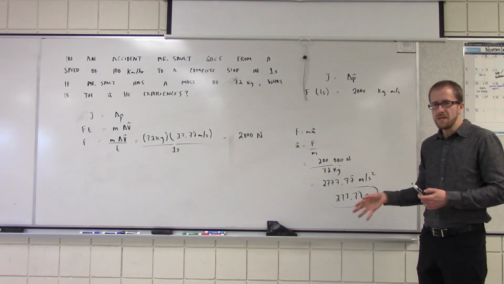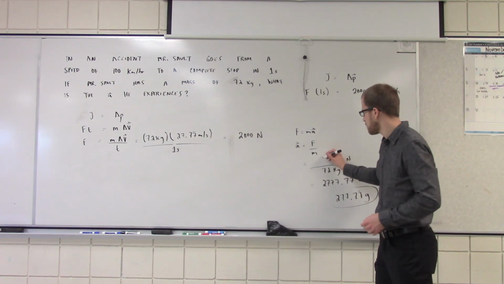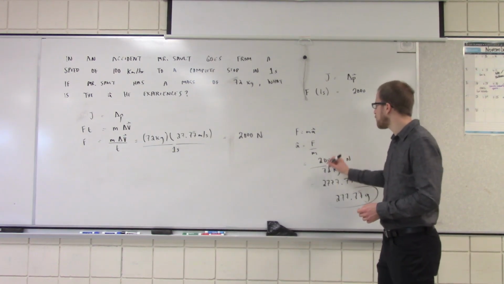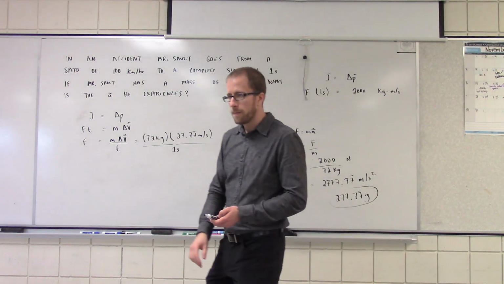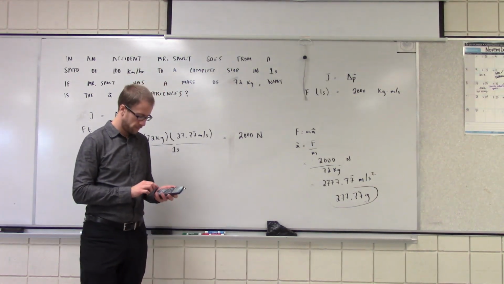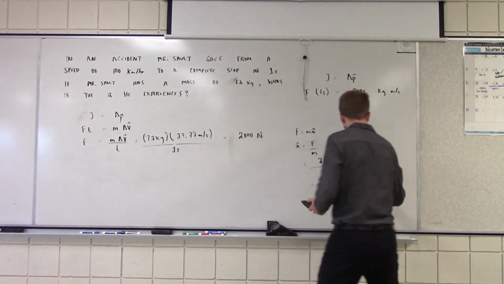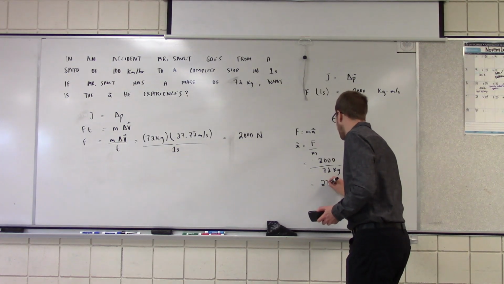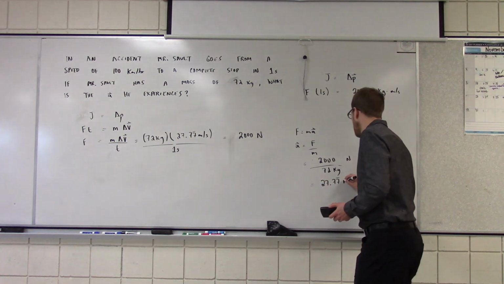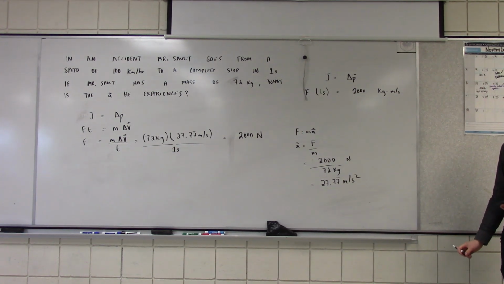And what will be the acceleration I experience as a result of this? Well, that's going to be 2,000 newtons divided by 72 kilograms, which will be 27.77 meters per second squared, which is how many G's?